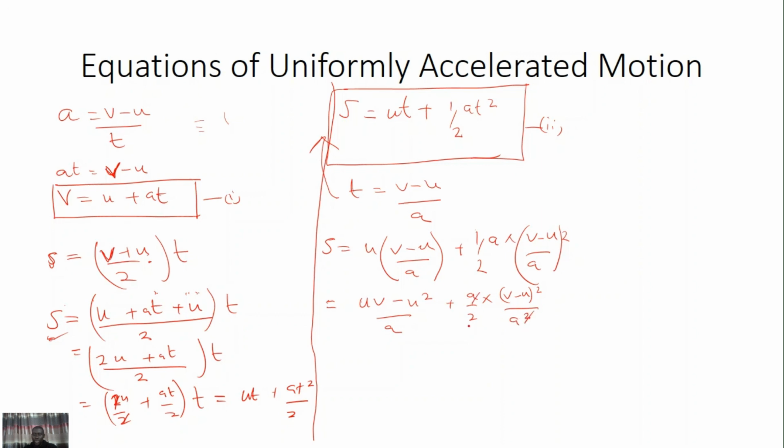The a's cancel each other like this. So in the long run, we'll be having (uv minus u squared) over a plus (v minus u) squared divided by 2a.